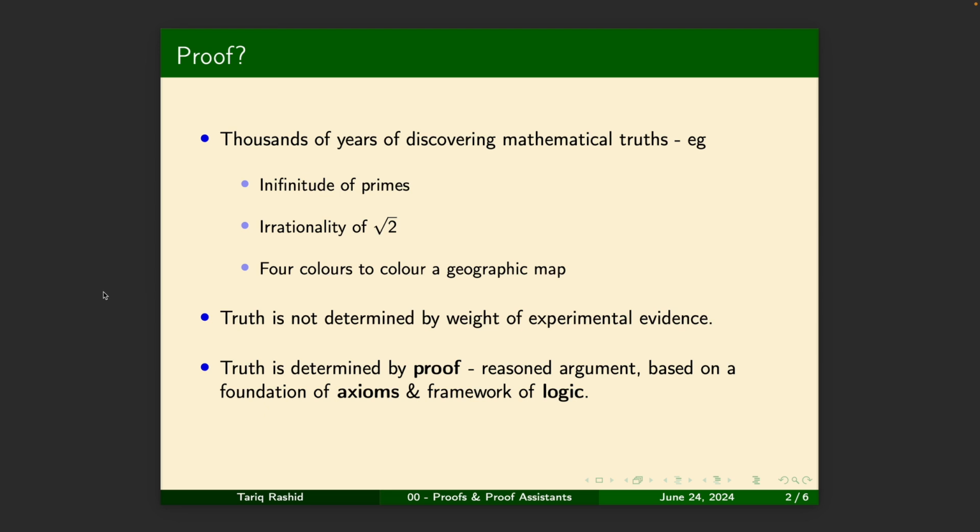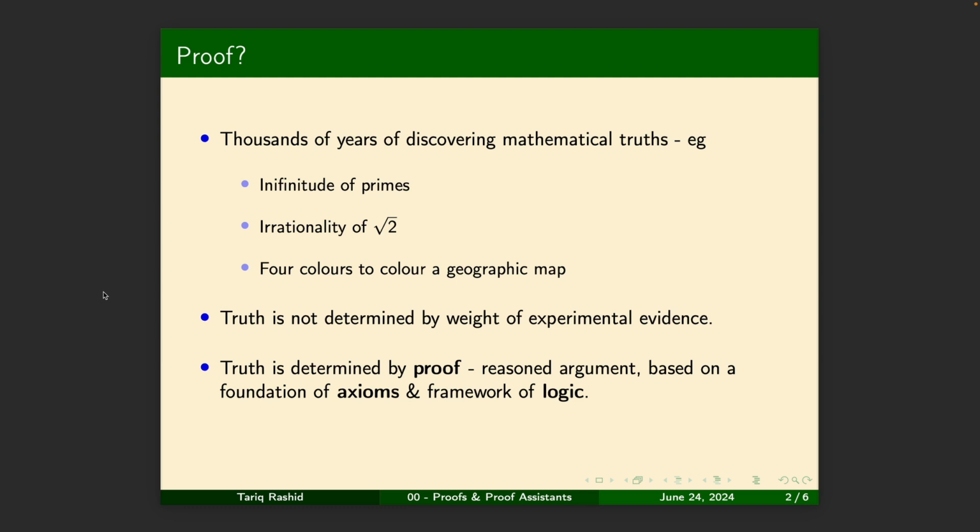And the thing with mathematics, which is different to science and engineering, is that we determine truth through a logical argument, so that there's no doubt by the end of a logical argument that something is true or false. Whereas in science and engineering, we do experiments, and we develop a body of evidence that something is likely to be true.